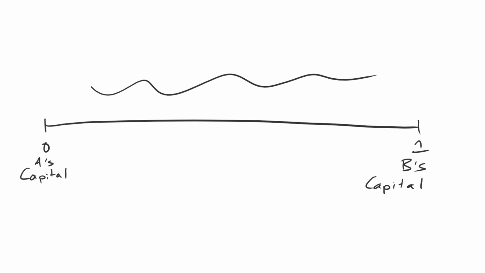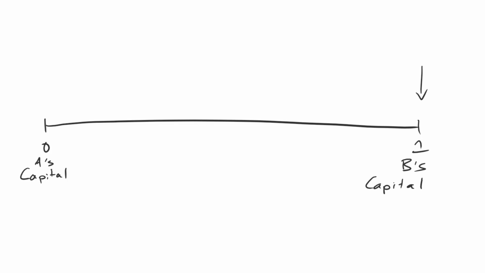To begin with, I'm going to draw a 0 to 1 interval. 0, 1. Why is that? Well, before we've been thinking about a value standardized to 1 that the parties have in conflict with one another. And the way that we're going to think about this is a strip of territory. Specifically, we're going to suppose that the value 0 represents the capital for state A, and the value 1 represents B's capital. And so you could think about the dispute between A and B as all of this territory that's in between, where A wants to draw the border as close to B's capital as possible.